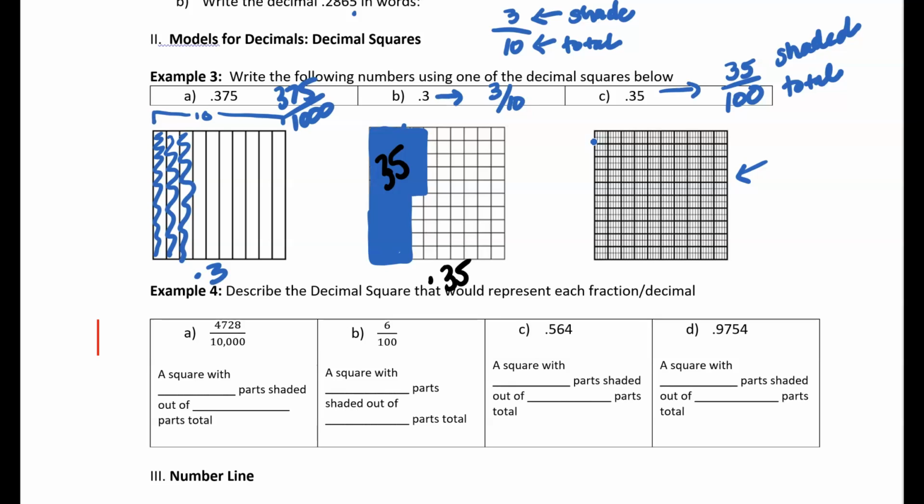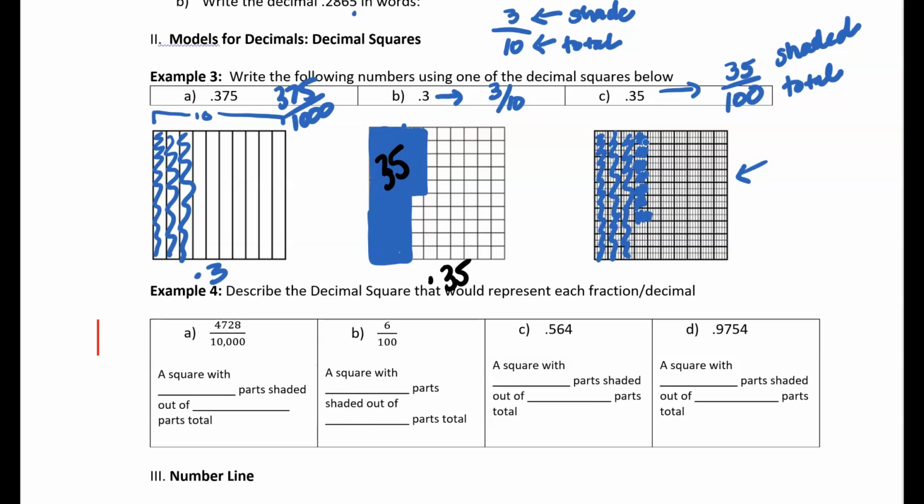So 375 thousandths, we're gonna color in 375. So if each box is 10, let's just count for a minute. So 10, 20, 30, 40, 50, 60, 70, 80, 90, 100. So every single row or column is 100. So we're going to say, okay, there's 100, there's 200, there's 300, and that's 10, 20, 30, 40, 50, 60, 70.